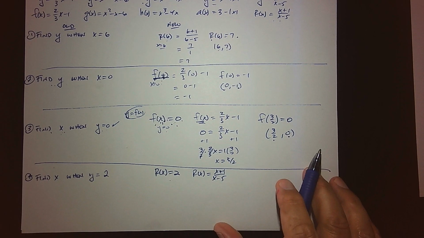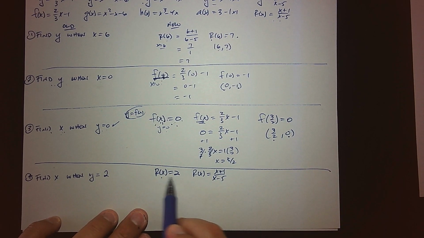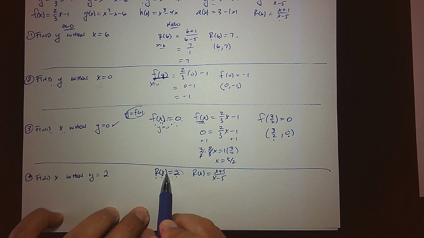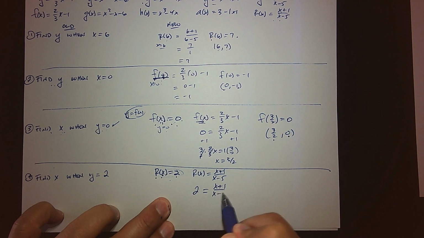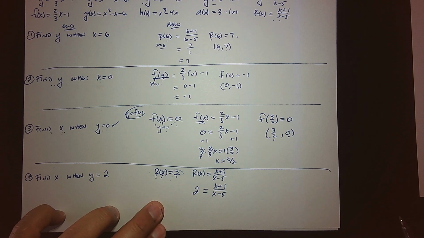So there's the function we're focusing on. And what I've told you is that the output is 2. So we're not letting x be 2. This 2 is not inside those parentheses. The output is 2. So to start this, we say 2 equals x plus 1 over x minus 5.